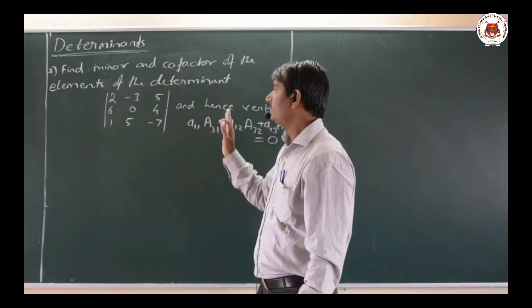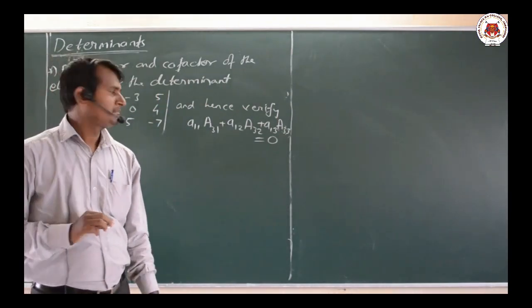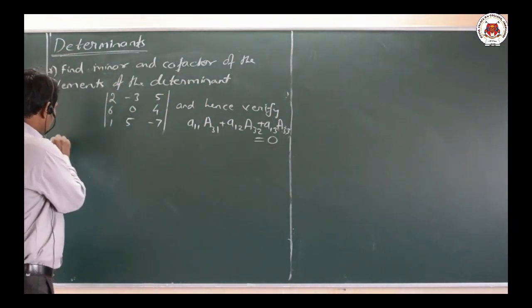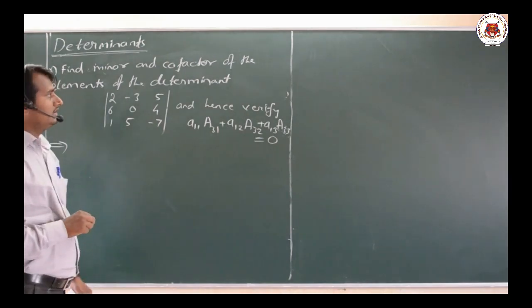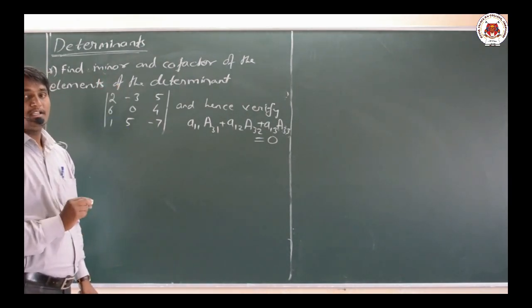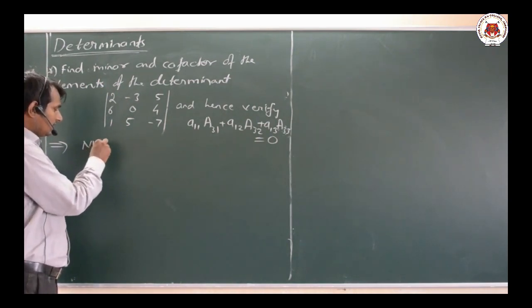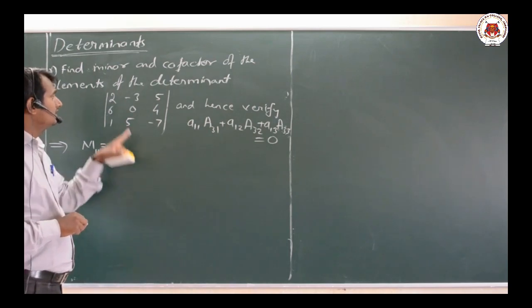In this example we will understand all three things. First of all, what we require to find here? We require to find the minor of each and every element. Minor is always denoted by capital letter M. So first, minor of 1 1, that is the minor of value 2.